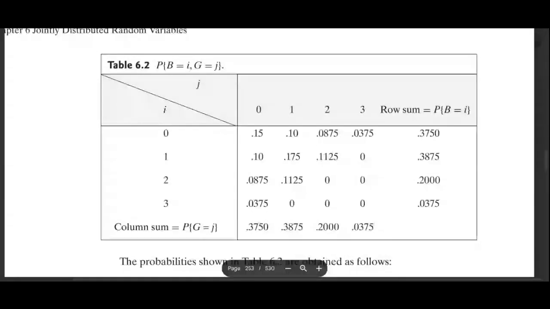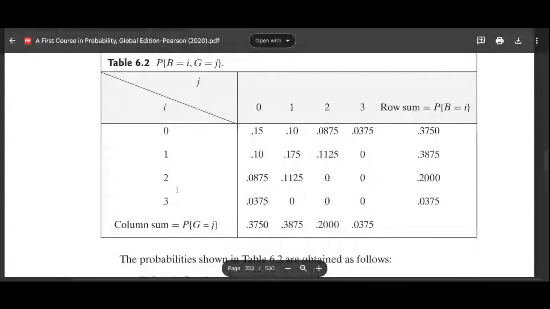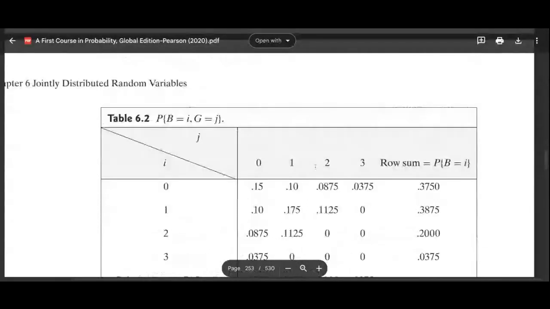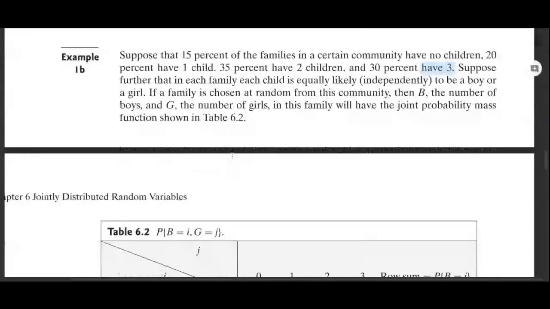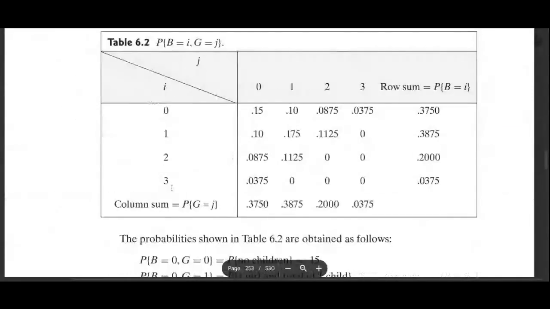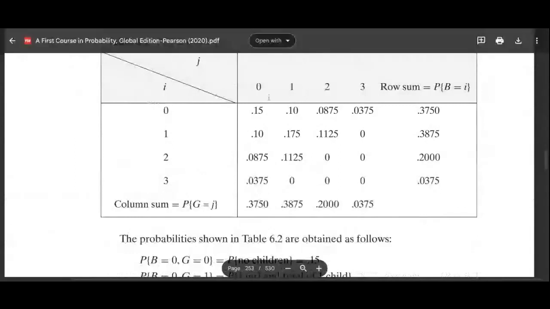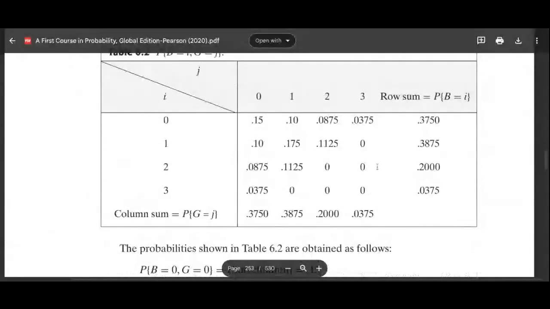If we use i representing boys, j representing girls, because there's at most three children, 30% have 3 children and no family has 4, so from 0 to 3. That's why boys go from 0 to 3, and girls from 0 to 3.